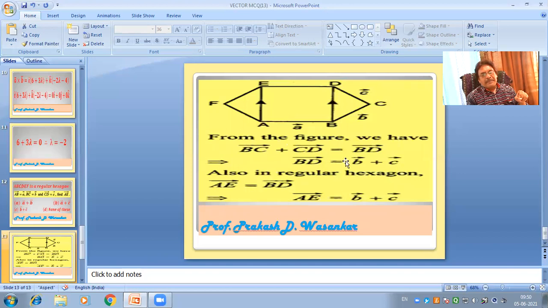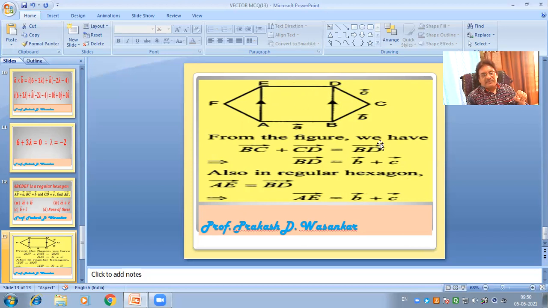From this figure, first we join B and D, A and E. This is vector BD, this is vector AE. We draw vector BD and vector AE.